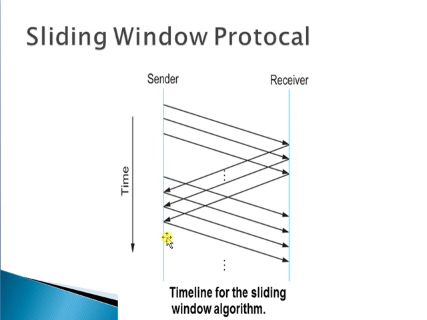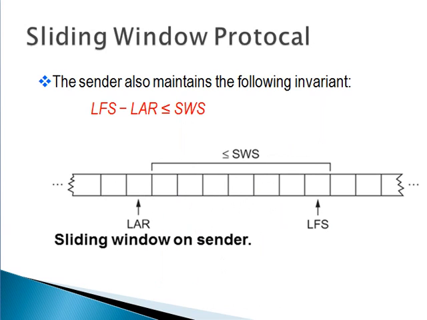Basically we have windows in the sender as well as the receiver. The data structures used in the sliding window protocol are as follows. The sender maintains the following invariant: LFS, the last frame sent, minus LAR, the last acknowledgement received, gives the sliding window size.